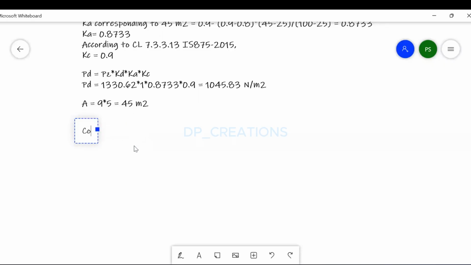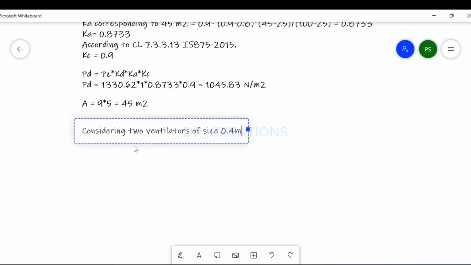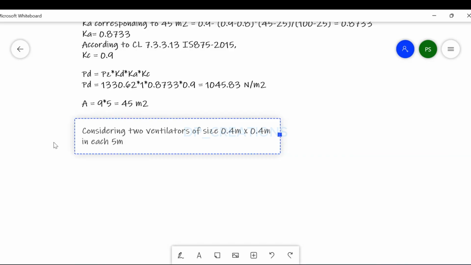So considering 2 ventilators of size 0.4 meter into 0.4 meter in each spacing of each 5 meter spacing, or 5 meters for each 5 meter panel.